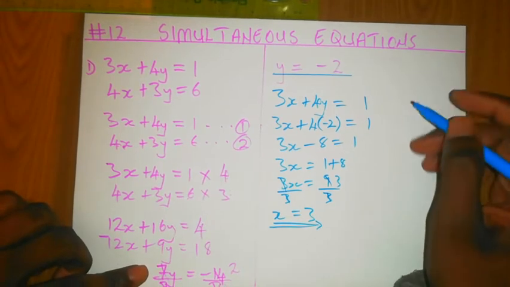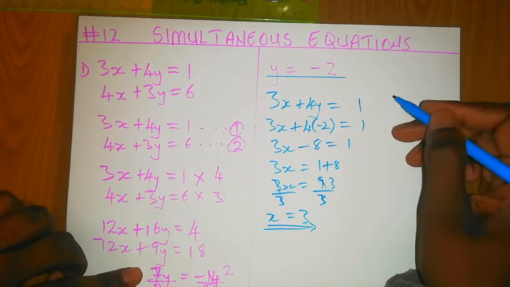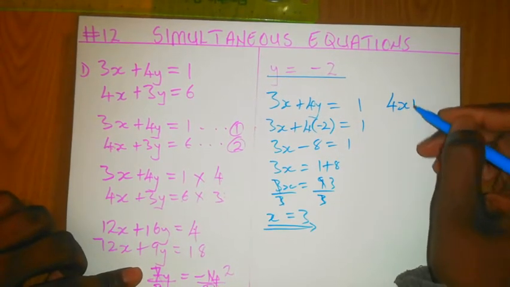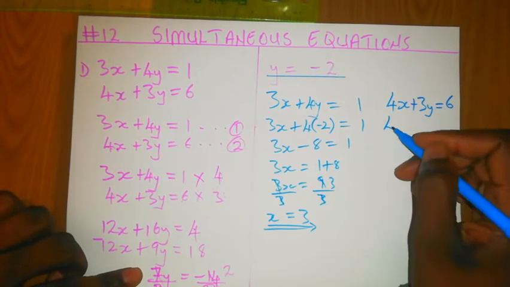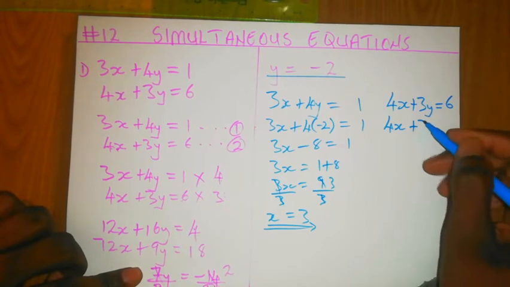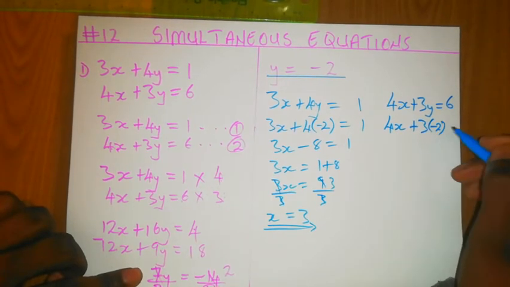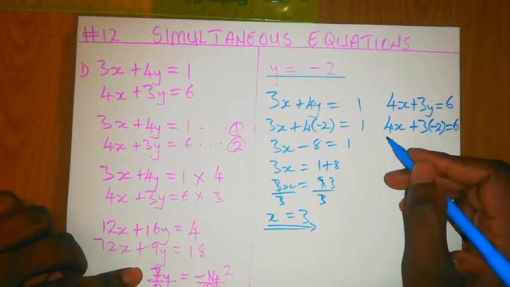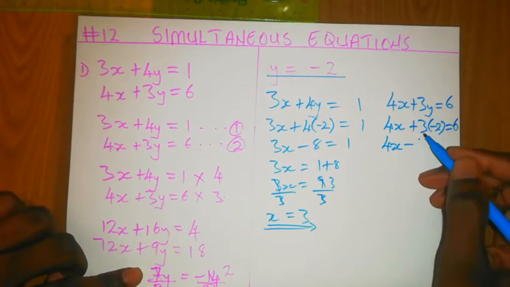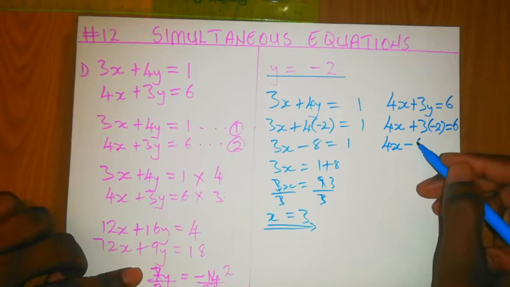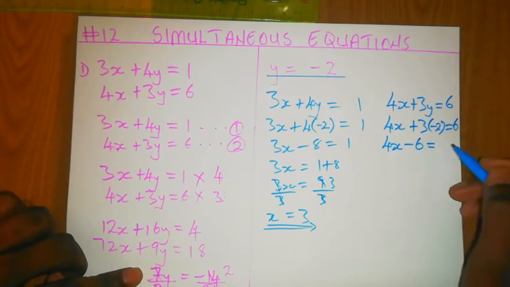Now, let me choose the other one again. 4x plus 3y is equal to 6. 4x plus 3 times negative 2 is equal to 6. Then 4x minus, this is 3 times 2, that's 6, is equal to 6.